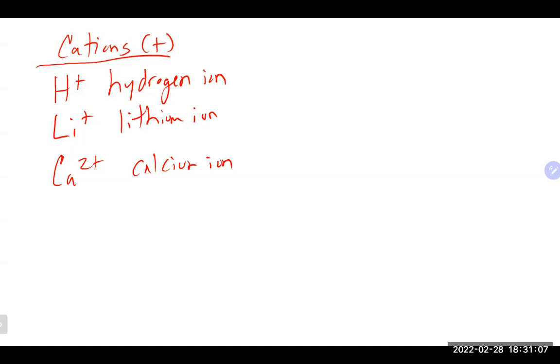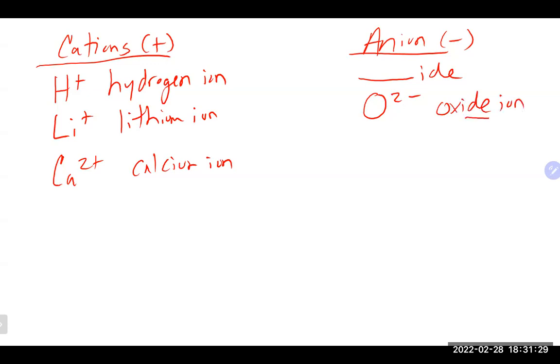Now, anions, which come from nonmetals, are a little bit different in terms of how we name those guys. We actually use the root of the name, and then we change the last part to IDE. So O2 minus, which is oxygen, becomes the oxide ion, IDE. Br minus, bromine becomes the bromide ion.